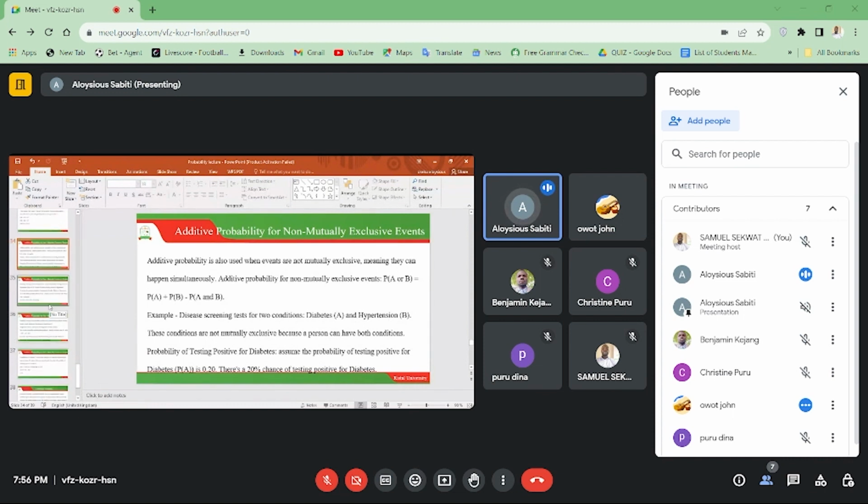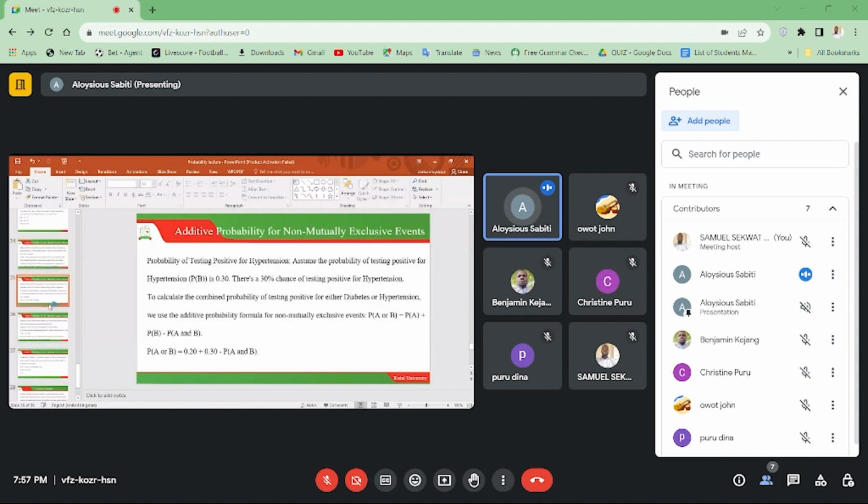So I was just at the verge of explaining the non-mutual exclusive events. For example, the disease screening tests for two conditions, say diabetes and hypertension. These conditions are not mutually exclusive because a person can have both conditions. Assume the probability of testing positive for diabetes is 0.2, then the interpretation is that there is a 20% chance of testing positive for diabetes.